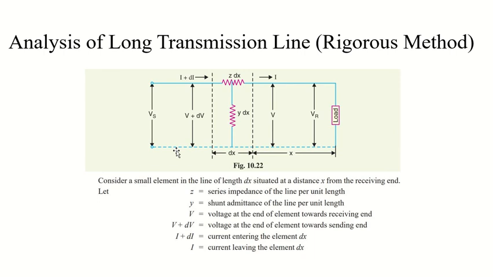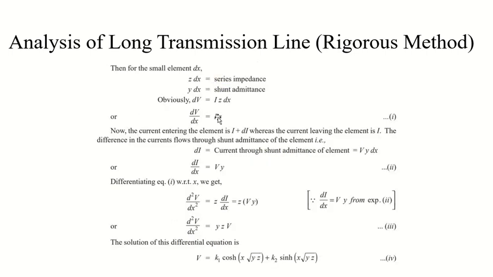The value of dv will be, see how much current is leaving my dx, it will be I. And what is the series impedance? It is z into dx, right? So dv will be equal to I into z into dx. Now let's take this dx into the denominator of dv, so we will have dv by dx is equal to Iz.